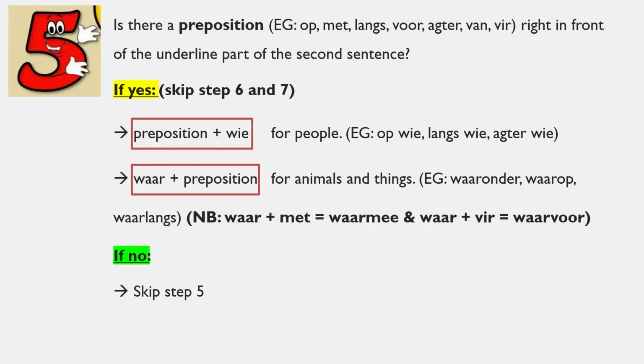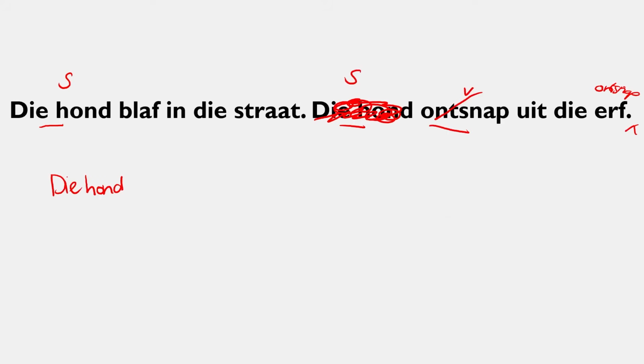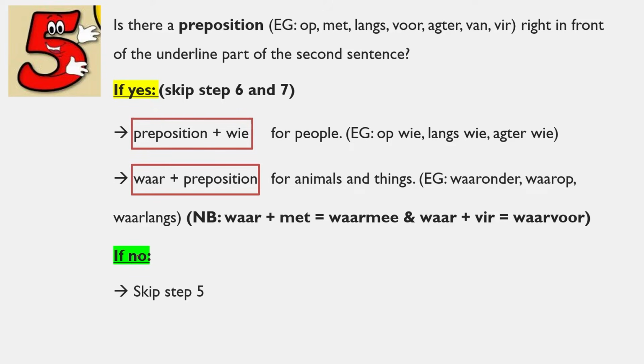Ontsnap. Step 5. Is there a preposition right in front of the underlined part of the second sentence? Let's go check. So we look at the second sentence. Is there a preposition right in front of it? No. We have straat. So if no, skip step 5. Okay, cool. We don't have to do this step.